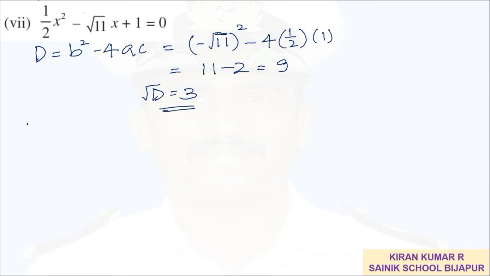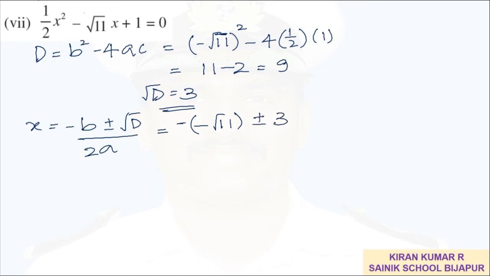Now you use the formula minus b plus or minus root d by 2a. Substitute, it is minus root 11 under bracket, so minus of b, plus or minus 3, divided by 2 times 1 by 2. This 1 by 2 will get cancelled.